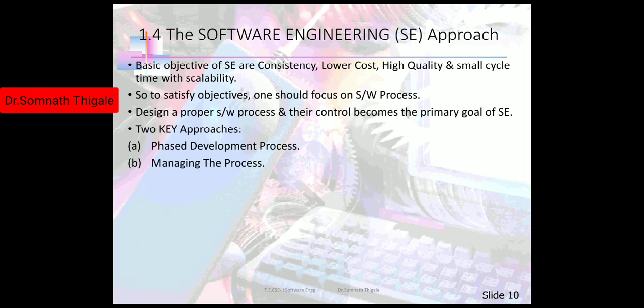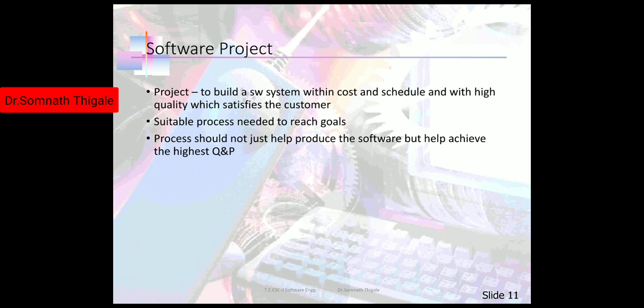Now moving further, we need to understand some terminologies like what is a project and what is a process. Let's focus on that first and then come back to the software engineering approach. What is a software project? A project is to build a software system within cost and schedule and with high quality which satisfies the customer.